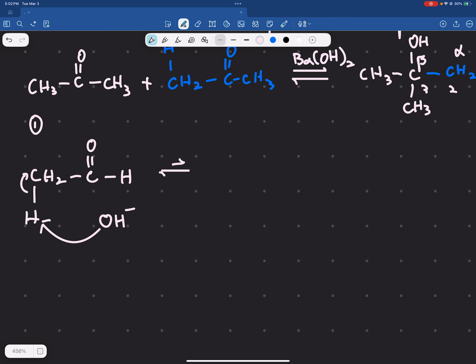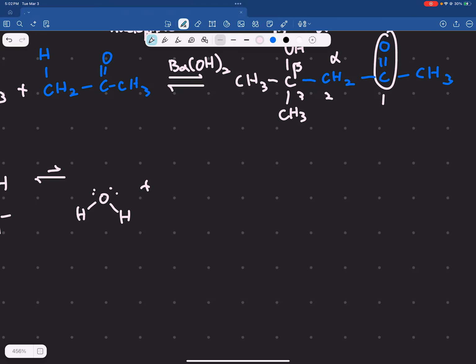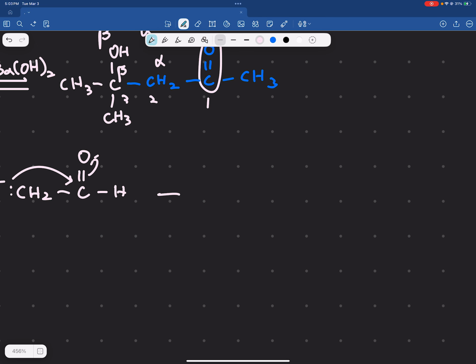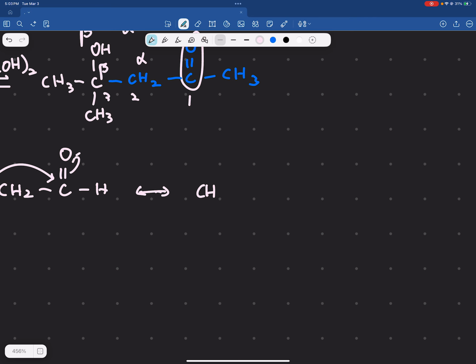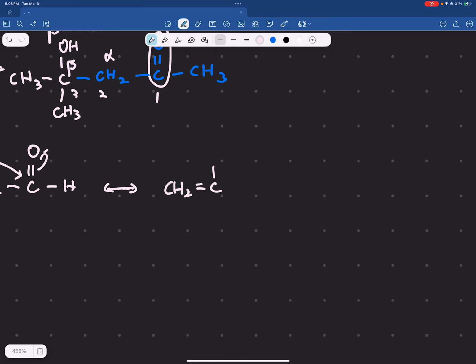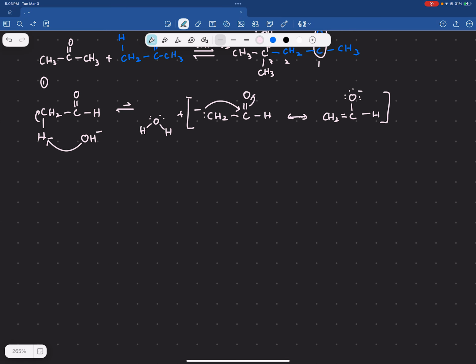It's going to form water, and our enolate anion, which will look like this, and its resonance structure, which looks like this. And that's the first step.